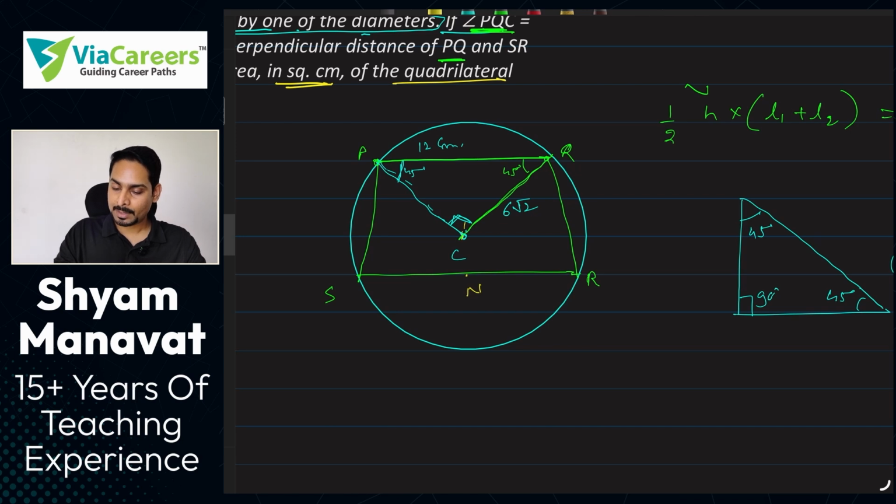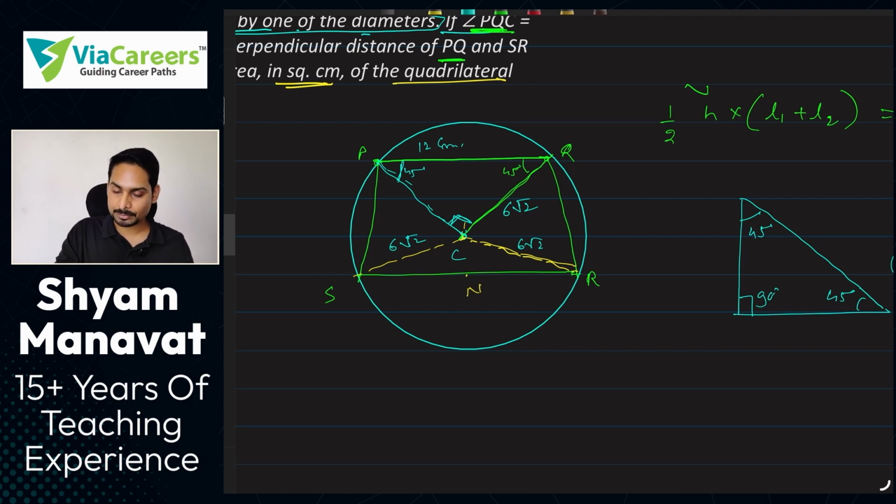Now, if we do a construction and join SC and RC, CS and CR, we joined both. Now they are also a distance from center to the circumference, and center to the circumference is called radius. So this should also be the same.